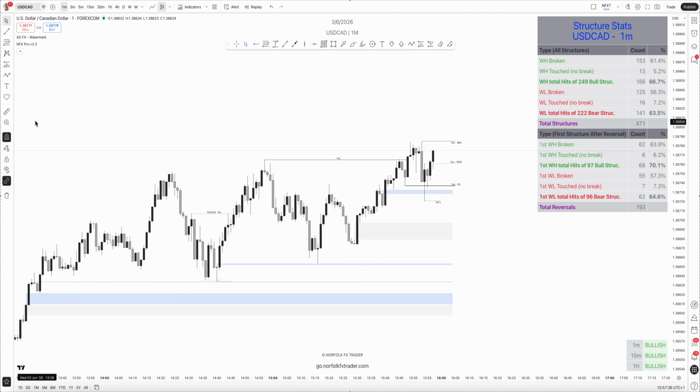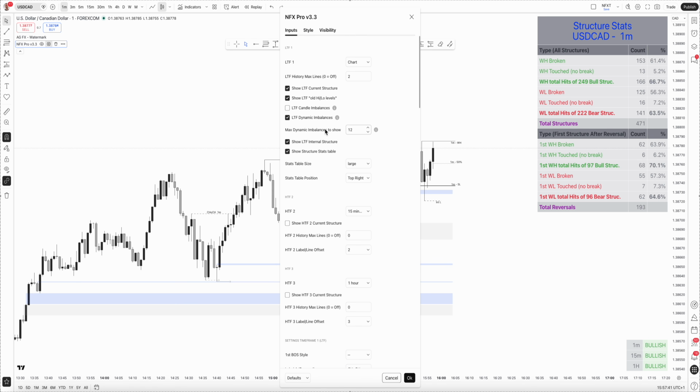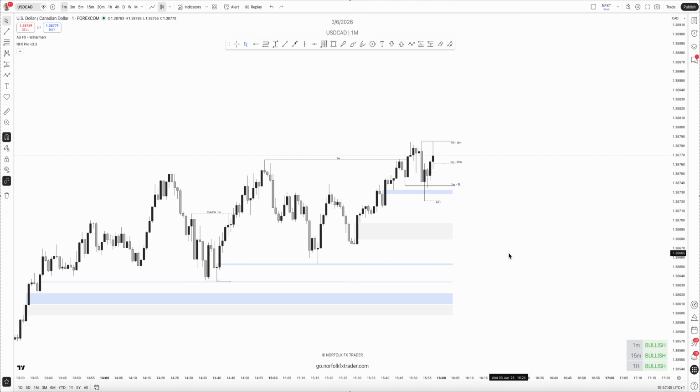And that's the structure stats table. Again, this will work across every single time frame. It gives you stats on all the time frames. Let's turn that back off as well. So you can see we nearly just ran up that weak high here. That stat was pretty good at what we just saw, and we've now run that weak high. That is what you're looking for, to give you that solid foundation when you're looking for your entries.